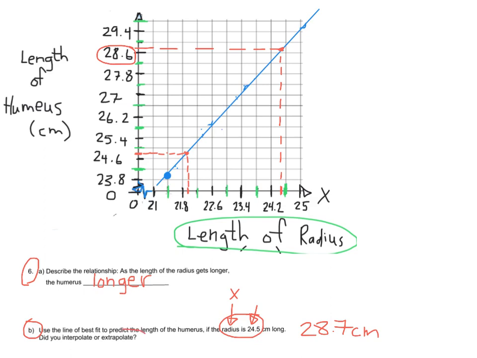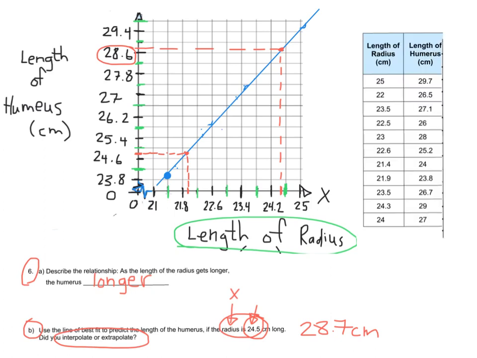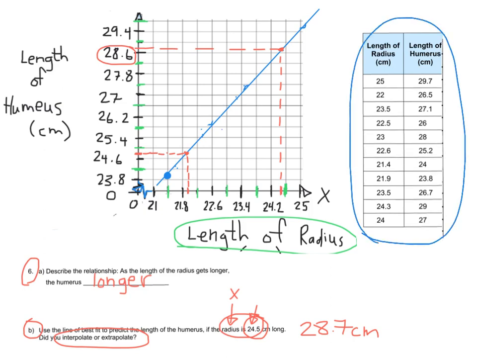Did you interpolate or extrapolate? Well, is this 24.5 within my data or outside my data? So I'm going to refer back to my table of values. When you look at the table of values, I just popped it back up here on the screen, 24.5 is within this data because the lowest radius we have is 21.4 and the highest radius we have is 25.